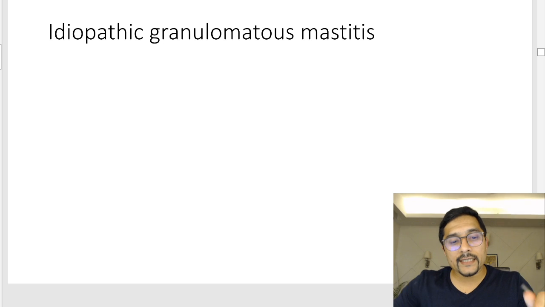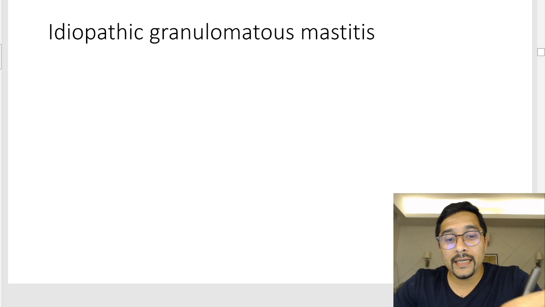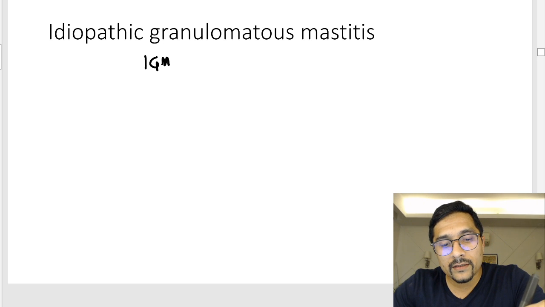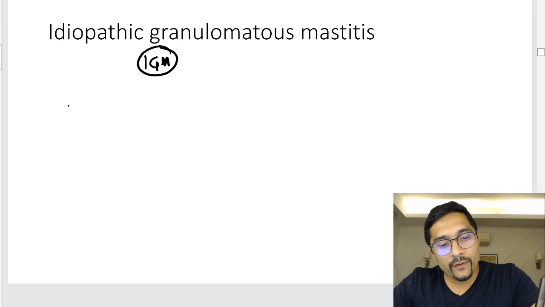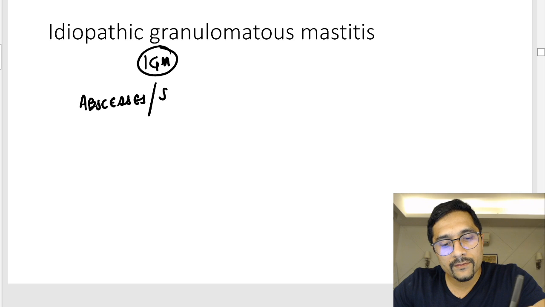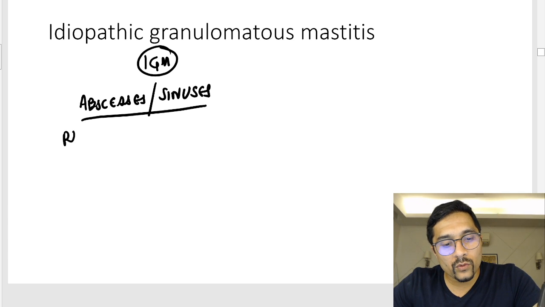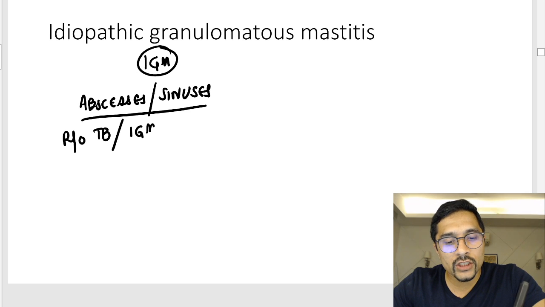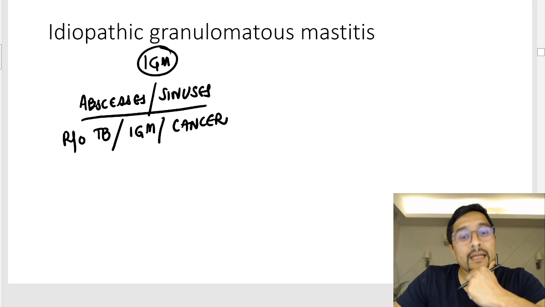Another update in the latest edition of Bailey is IGM, idiopathic granulomatous mastitis. So if a patient is developing recurrent abscesses or sinuses, then in these patients, we need to rule out tuberculosis, we need to rule out IGM, idiopathic granulomatous mastitis, and we need to rule out cancer.